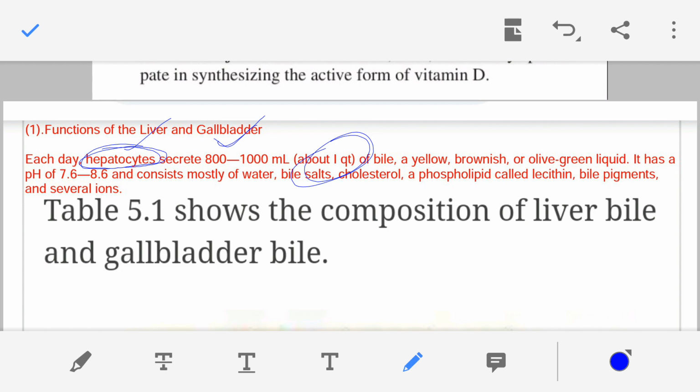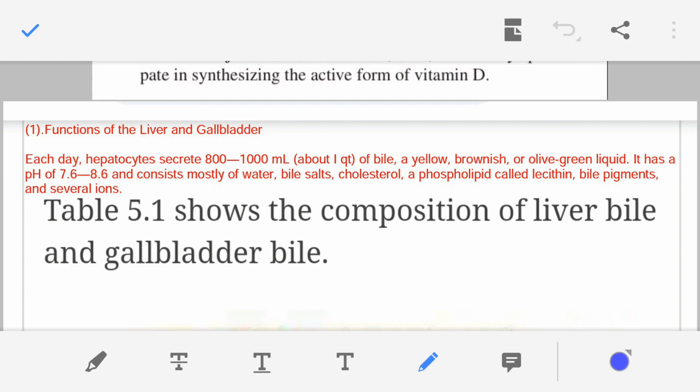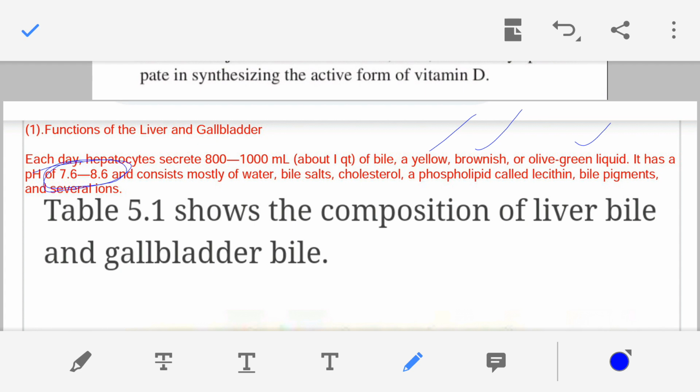Color of the bile: yellow, brownish or olive green liquid. The bile pH is 7.6 to 8.6. Composition of bile: mostly water. Then bile salts are present, cholesterol is present, phospholipid called lecithin is present, bile pigments are present, several ions are present.